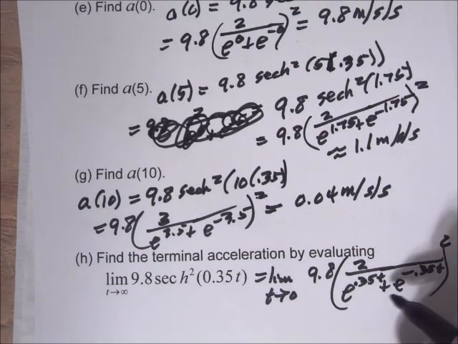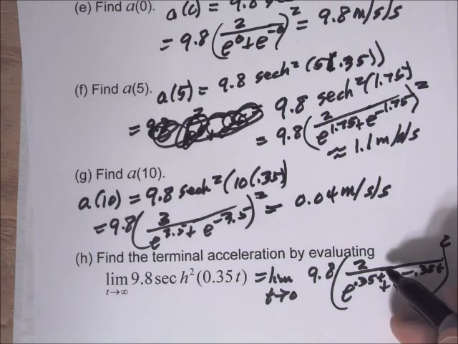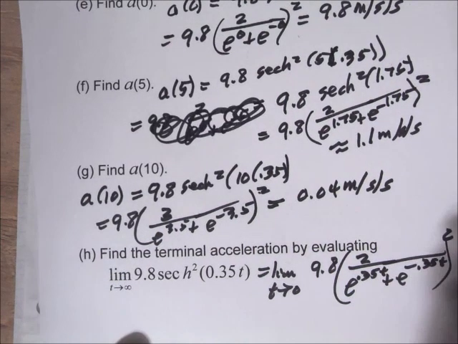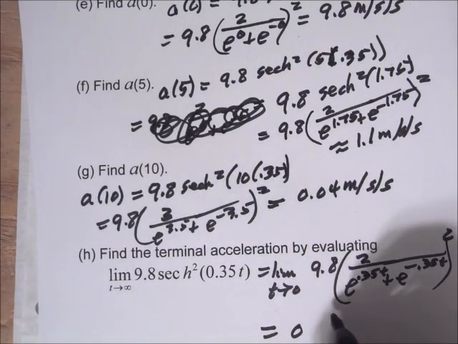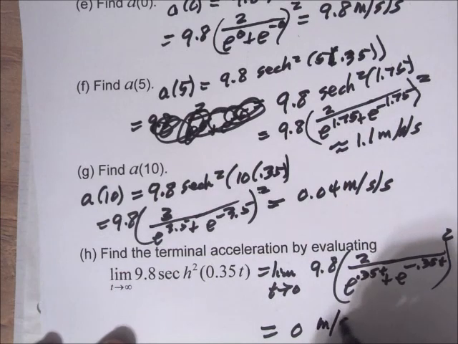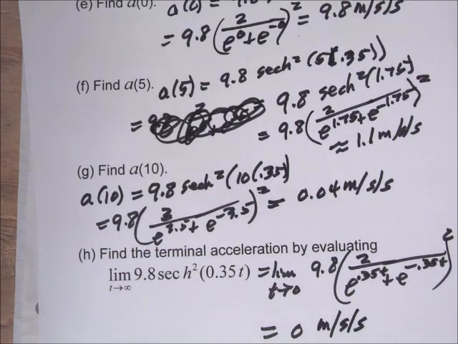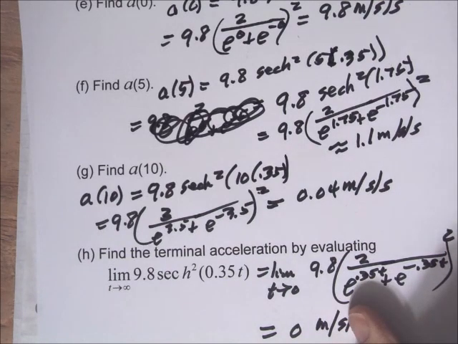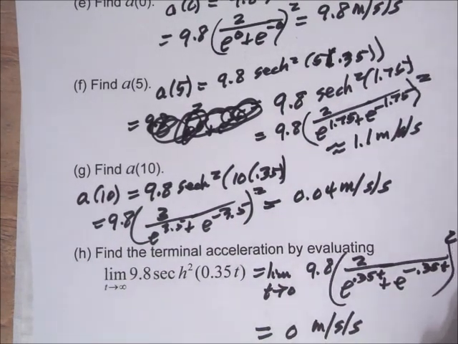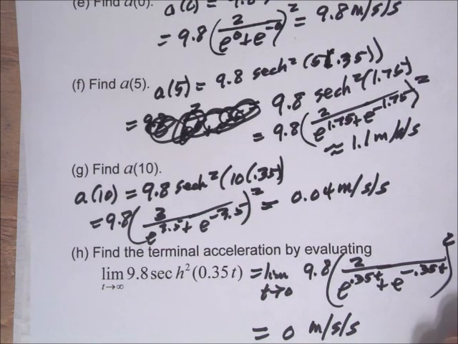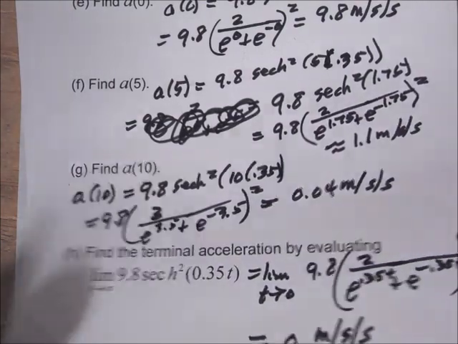So the denominator is going to become large, and that means this is going to go to 0. So the terminal acceleration is going to be 0 meters per second squared. Okay. So at that point, eventually the air resistance completely balances out the acceleration due to gravity.